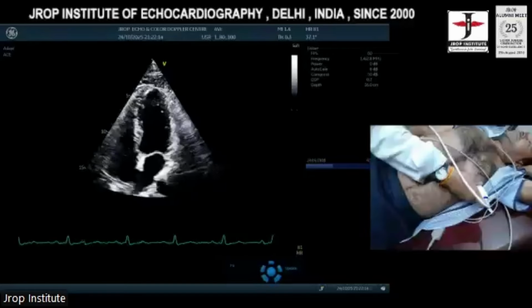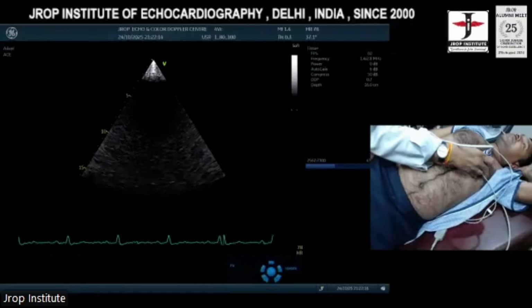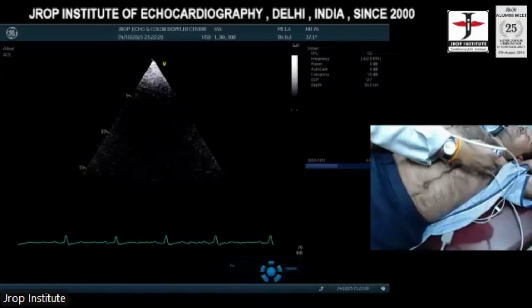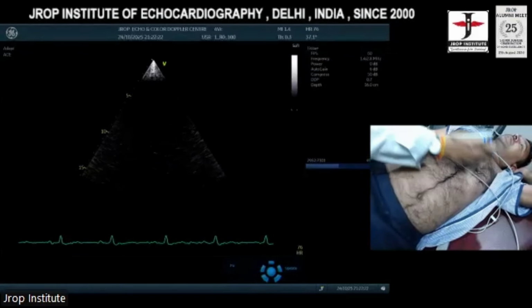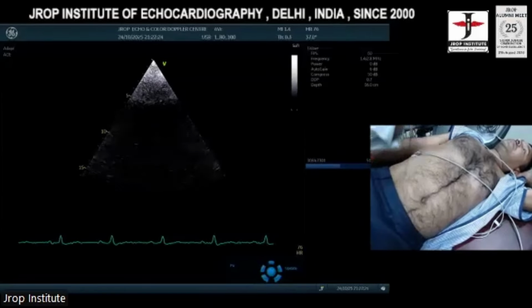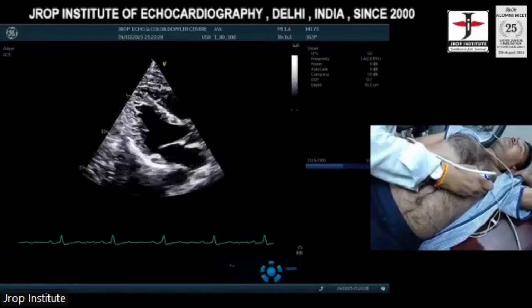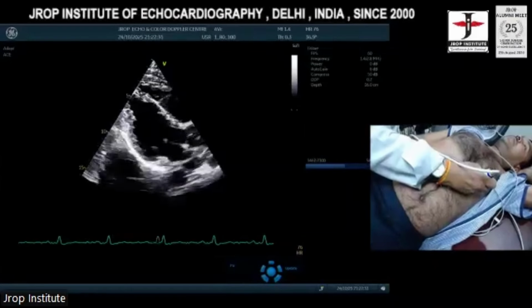Now the same thing in the parasternal window. When you can't see the parasternal window properly, look, this is where you are all the time, in the 4th or 3rd intercostal space. This is not a parasternal window.